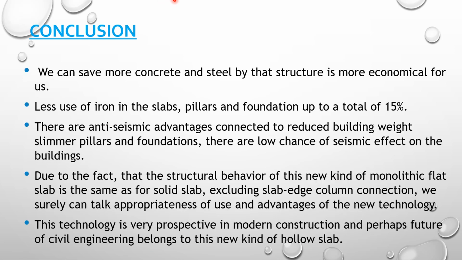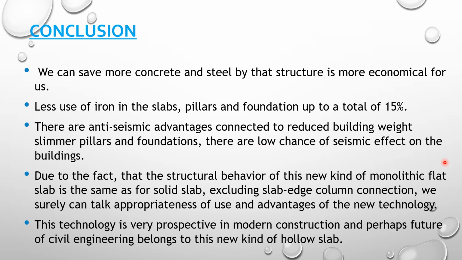Now ending this PPT, we can say that we can save more concrete and steel, so the structure is more economical for us. There is less use of iron in the slabs, pillars and foundation, up to a total of 15%. There are anti-seismic advantages connected to reduced building weight, slimmer pillars and foundations.